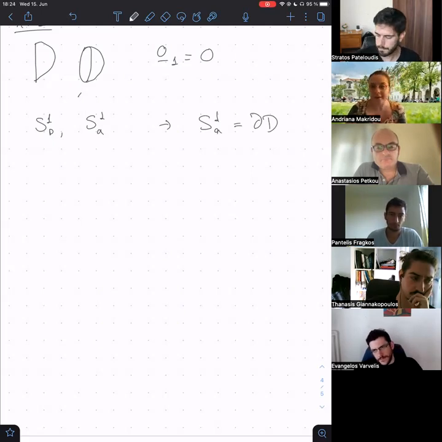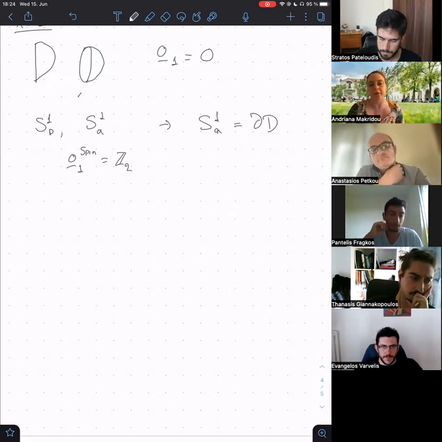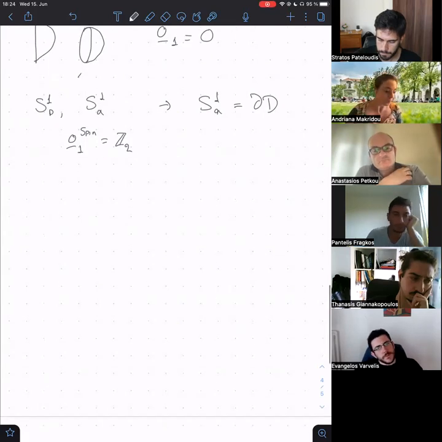On the other hand, the periodic circle cannot be written as the boundary of anything. It cannot inherit the periodic structure from something. So in this case, we can already say that omega 1 spin equals Z2. Once again, the trivial class is the anti-periodic one, and the non-trivial one is the periodic circle. And one says then that the periodic circle is the generator of this group.